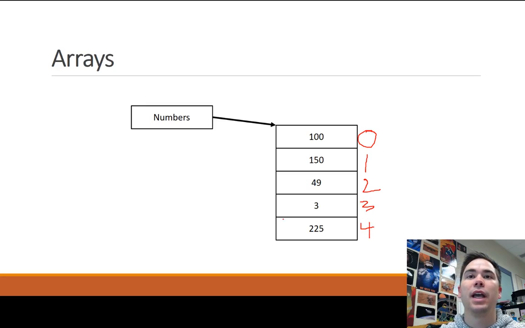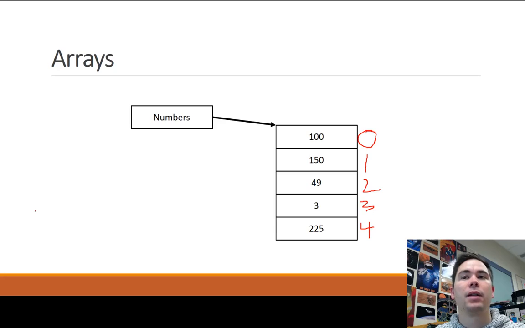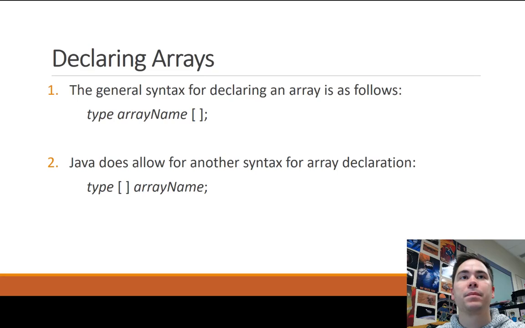So just like normal functions, normal lists, and whatnot, we start at position 0 and move forward from there.